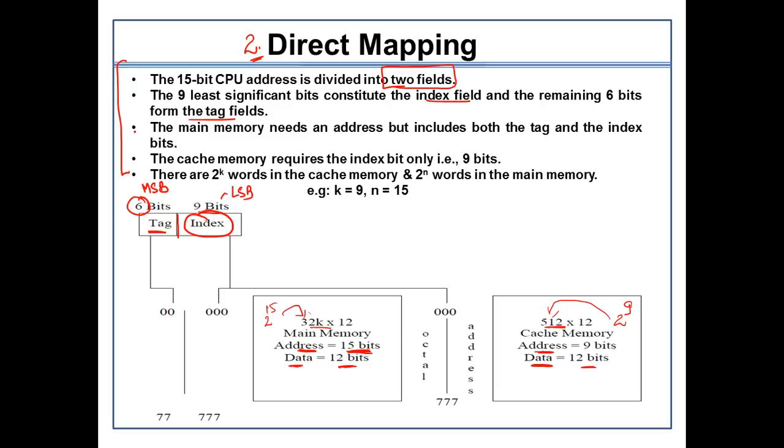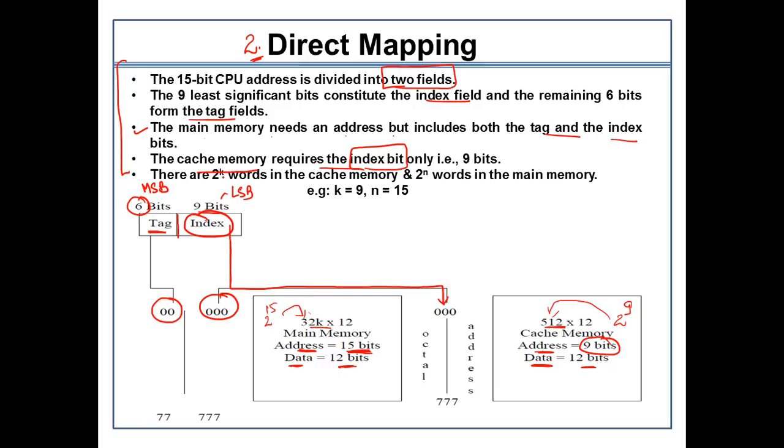The main memory needs an address which includes both tag and index. Definitely, if the data is to be accessed from the main memory, we need both the tag as well as the index values. But the cache memory requires only the index bits, because the cache memory requires only 9 bits of address, so the 9 bits can be the index bits only.